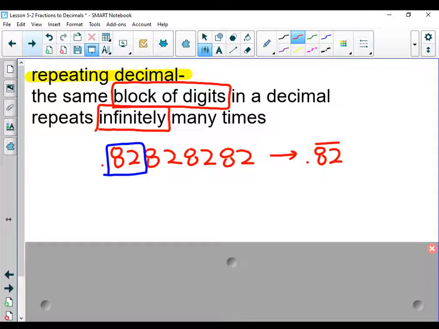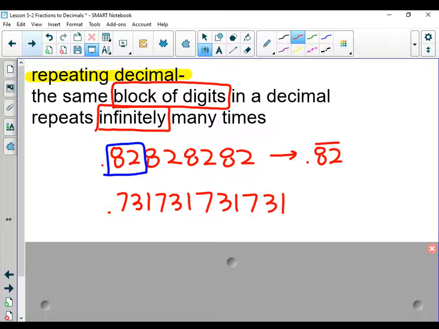So some people accidentally put 0.828 with a line over it. That actually means something different. That means 828, 828, 828, 828. So just the block that you see, or 0.731, 731, 731, 731.